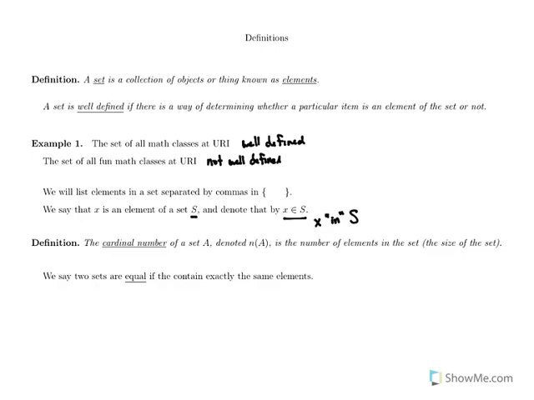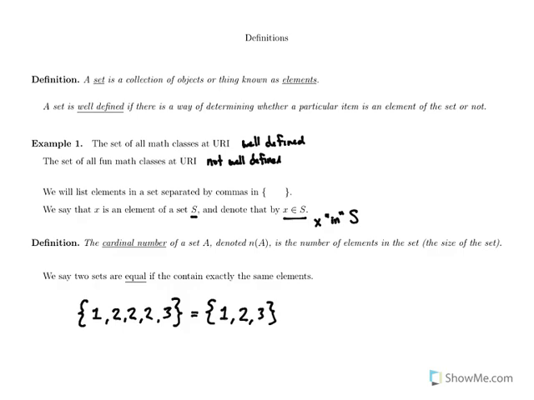We say that two sets are equal if they contain exactly the same elements. And with that, I think it's worth talking about another thing about sets, which is, let's look at this set of numbers. So this set, 1, 2, 2, 2, 3, is the exact same thing as the set 1, 2, and 3.